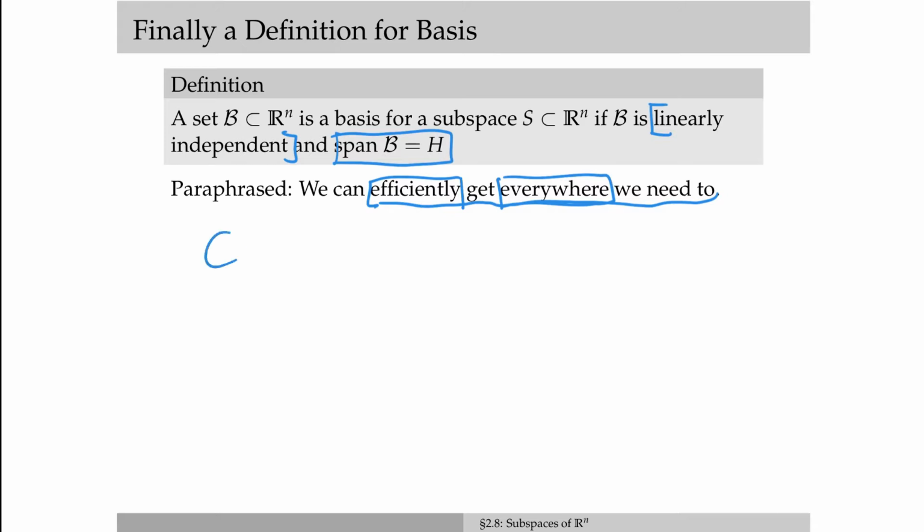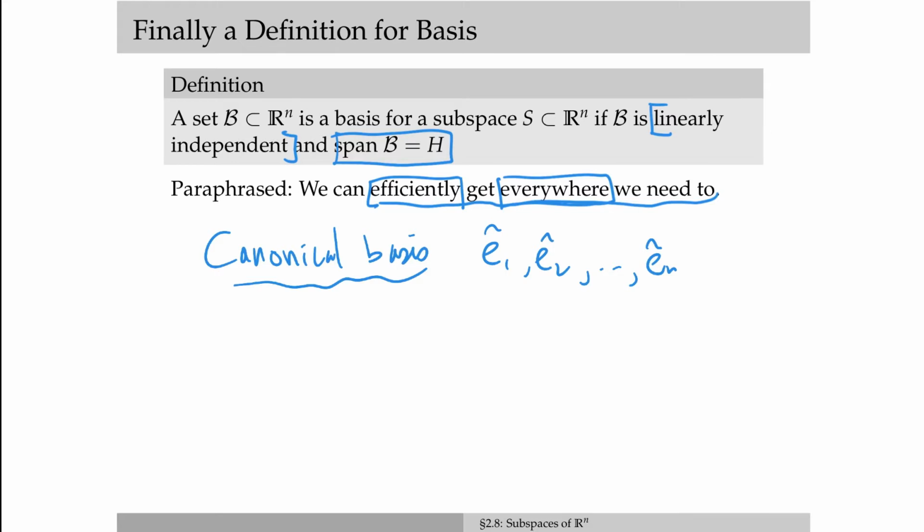You'll remember I called something a canonical basis, and that was e1, e2, up to en with the hats, as all viewed inside of Rn. Well, if you think about it, these n vectors are definitely linearly independent, because if I form a matrix out of them, I get the identity matrix, right?